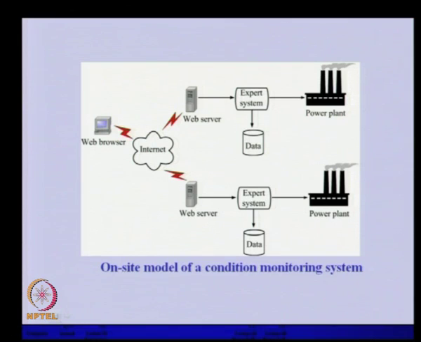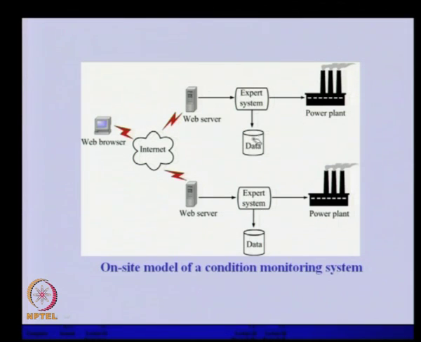This is a typical on-site model of a condition monitoring system, in which there are power plants at different locations. We are extracting various kinds of data and storing them at one place, and there is an expert system based on the database or the history of the plant.